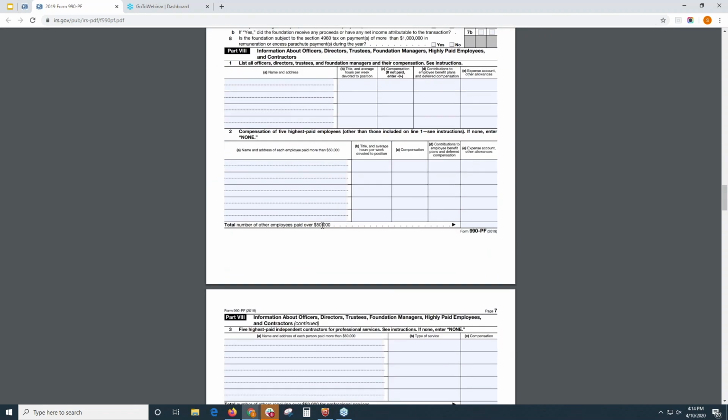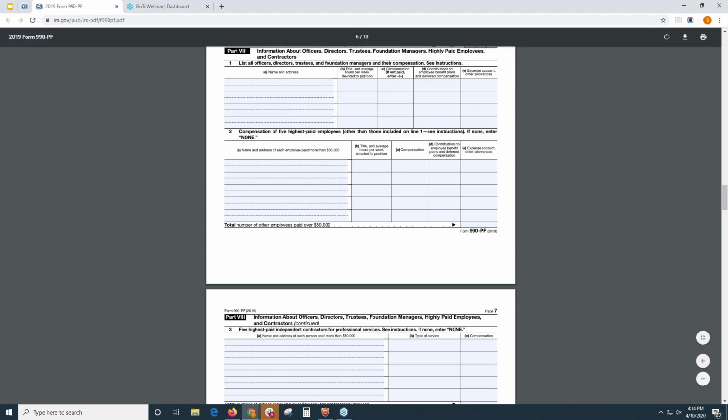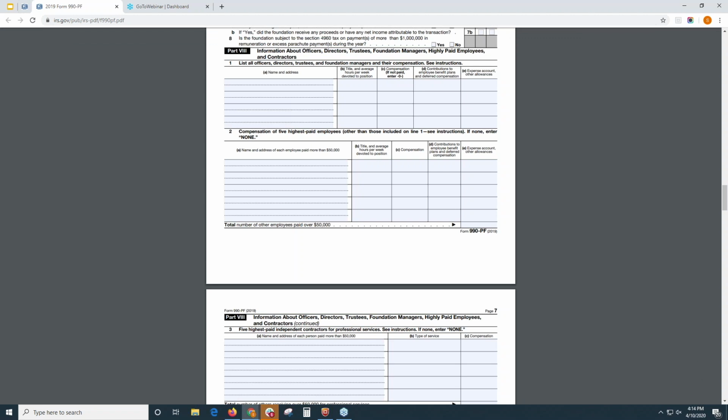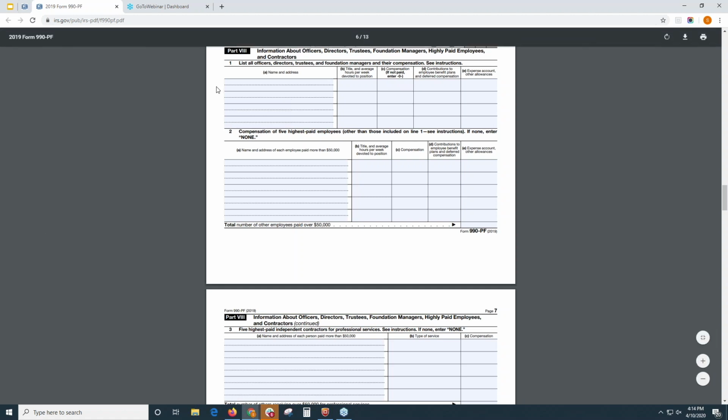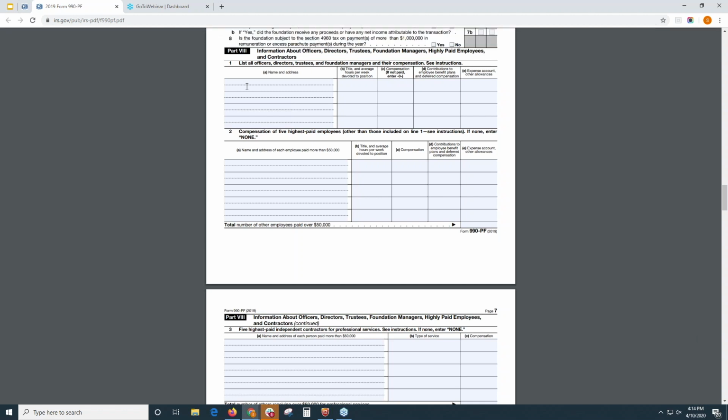So we'll move down to Part 8. Part 8 is information about officers, directors, trustees, foundation managers, and highly paid employees and contractors. So in Part 1 of this section, you'll list all officers, directors, trustees, and foundation managers and their compensation.